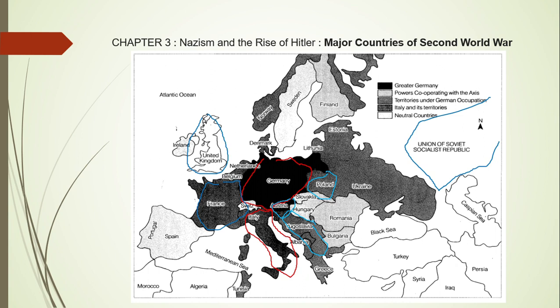Then Denmark here, one of the most important because of German unification, which in class 10 you will learn about. Then Lithuania here, and France again there. And the last one is Belgium that we must know about. Here it is. These are the important countries that we must know in the Second World War, that means Nazism and the rise of Hitler.